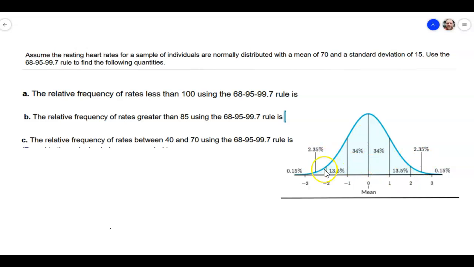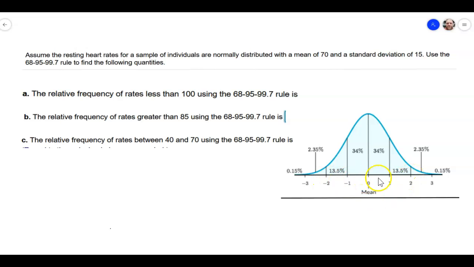So I broke this down, and since the normal distribution is symmetric, I even broke it down into halves. So since one standard deviation is 68%, if you look at each half, that would be 34% on each half. Just 68% divided by 2 is 34%. And then within 2 standard deviations is 95%.